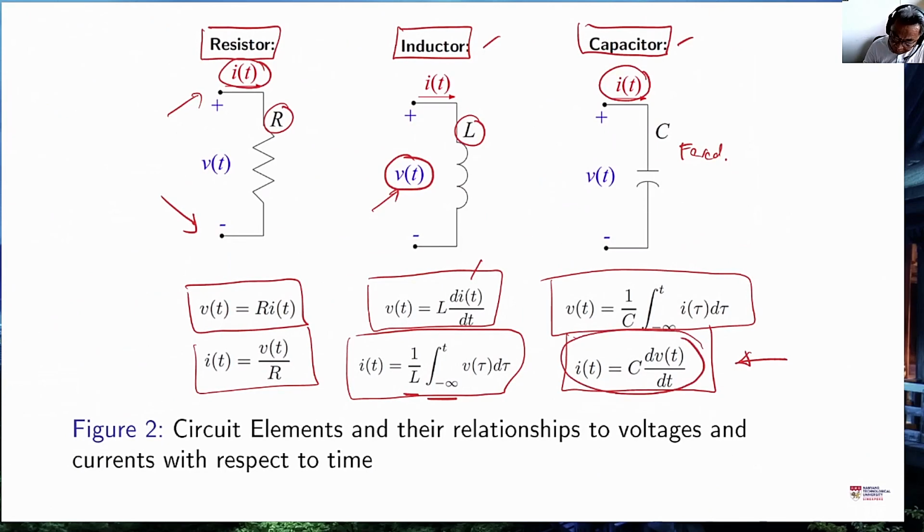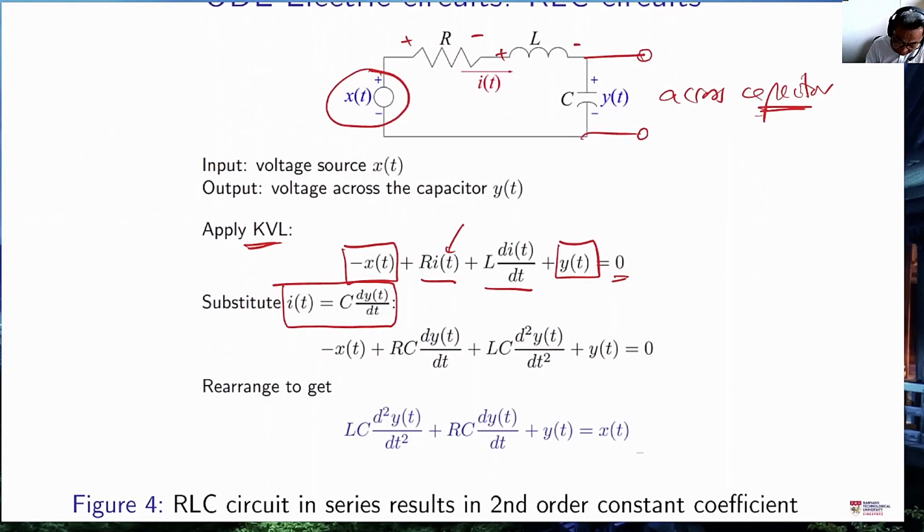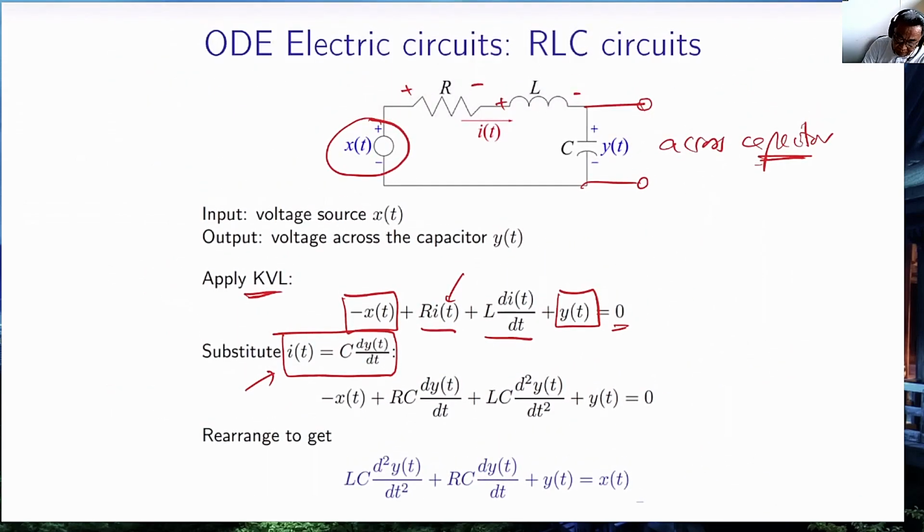We're going to say the current across everybody can be expressed as C dy/dt. y(t) is the voltage drop across the capacitor, and whether it is here or here, it is the same. So now we can put it as C dy/dt.